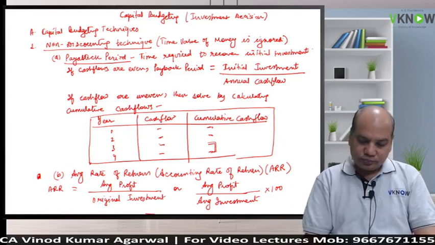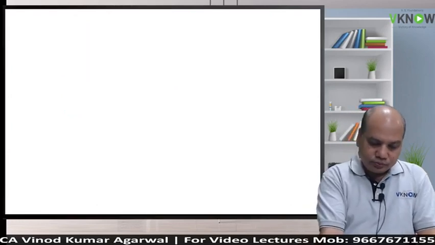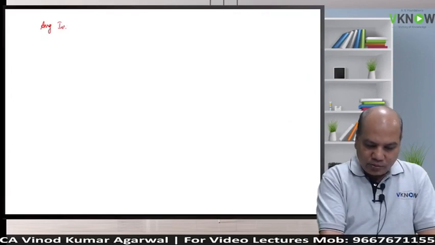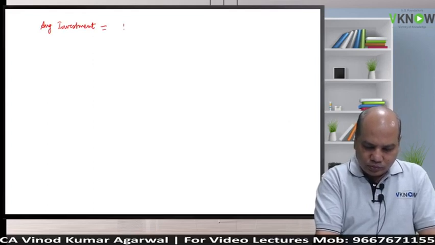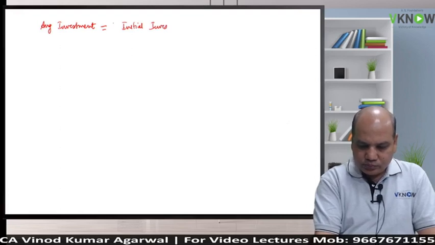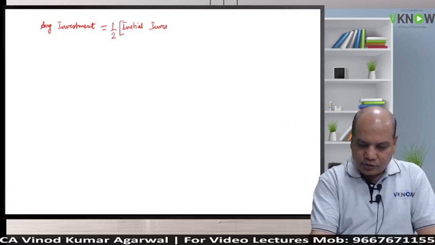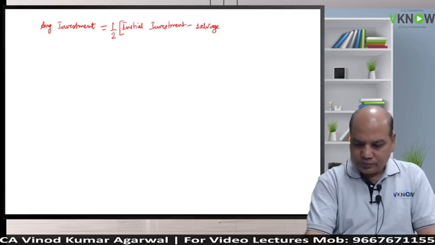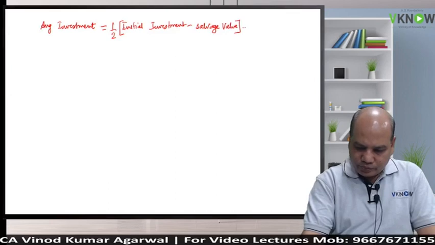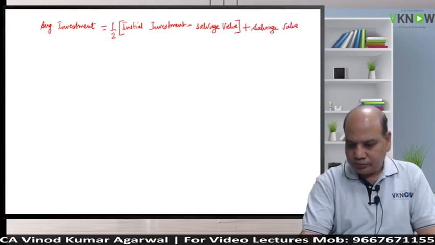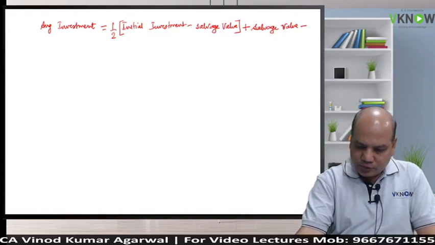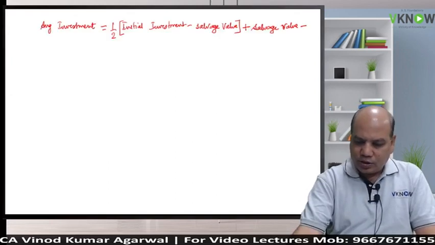Now write down below, average investment is equal to half of initial investment minus salvage value, plus salvage value and plus additional working capital.